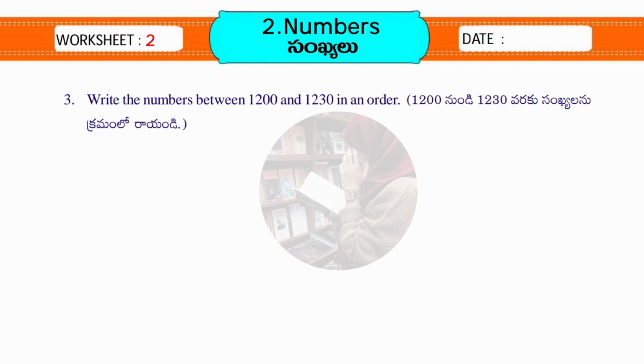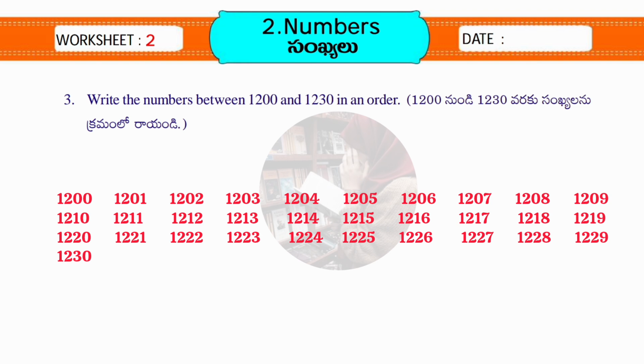Let's write it down. 1200, 1201, 1202, 1203, 1204, 1205, 1206, 1207, 1208, 1209, 1210, like that up to 1230. Got it, guys? It's very simple. Just write it down and practice, then it will be very good for you.